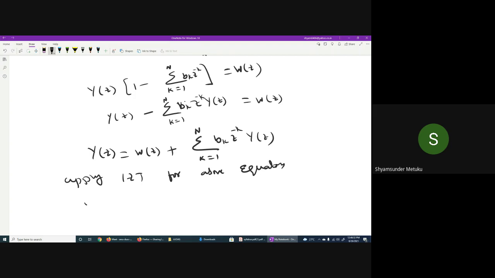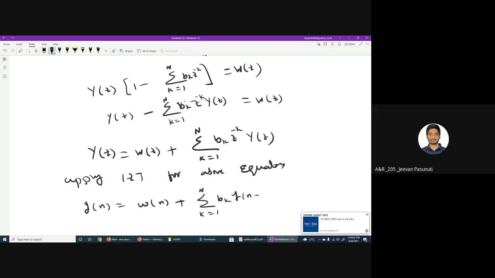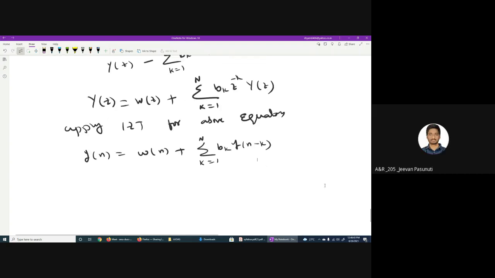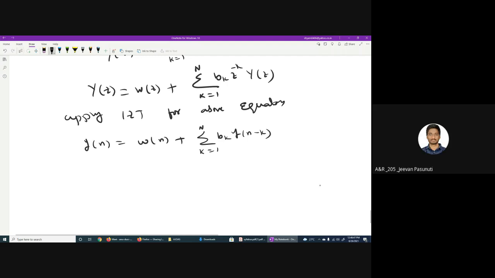What do you get? Y of Z becomes y of n: y of n equals wn plus the summation for k equal to 1 to n of bk y of n minus k. That's it.